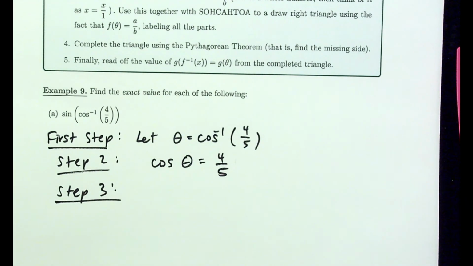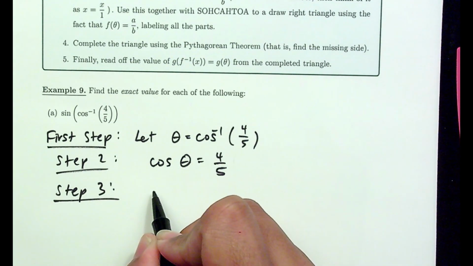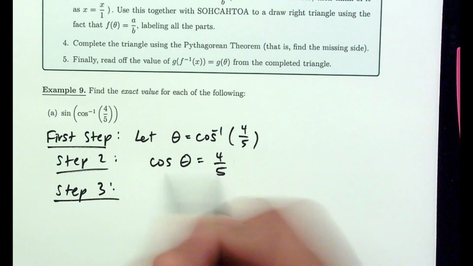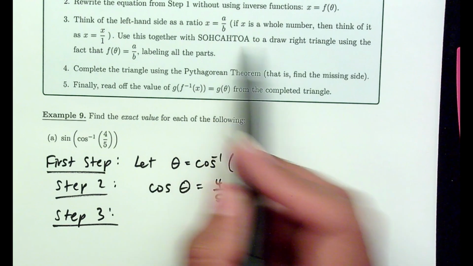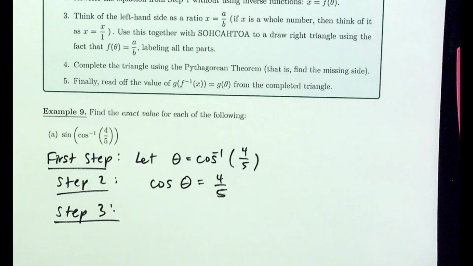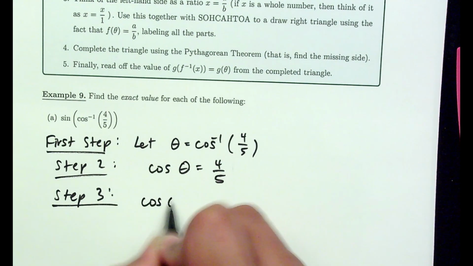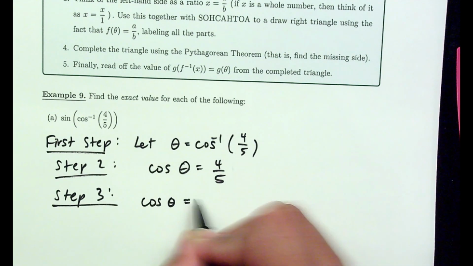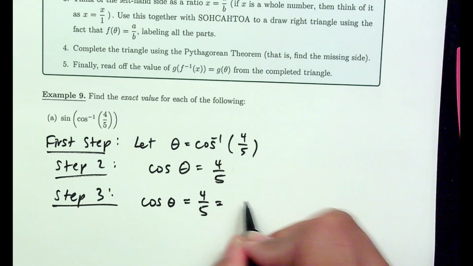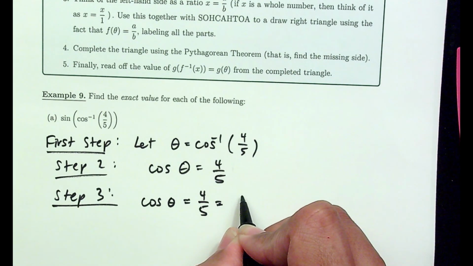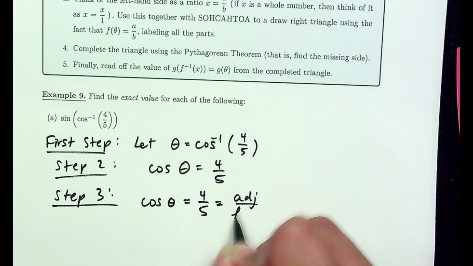Step 3, you're going to reinterpret this using SOHCAHTOA and draw a right triangle. So how do you do that? SOHCAHTOA tells me that cosine is adjacent over hypotenuse.